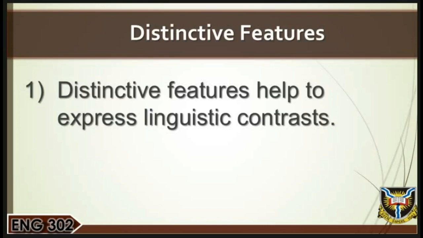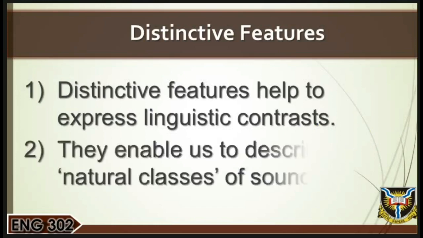1. Distinctive features help to express linguistic contrasts, e.g., to know why /p/ is different from /b/, despite their phonetic similarities. 2. They enable us to describe natural classes of sounds.